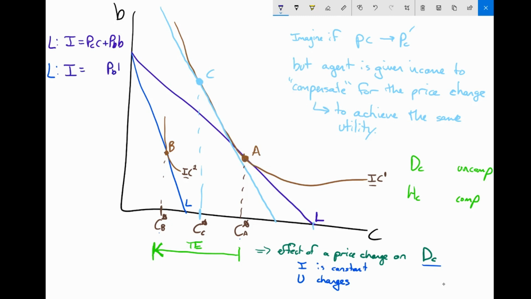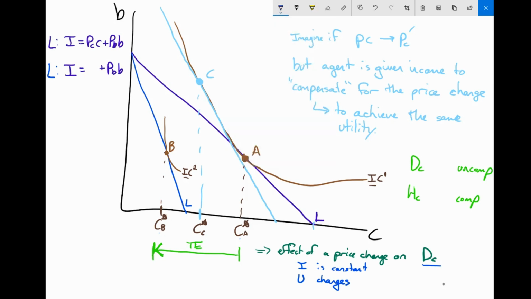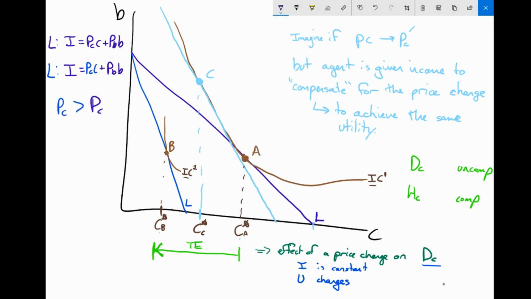Same price of bagels, okay. But the price of coffee goes up. So we're saying that PC prime is greater than PC. Okay. So here's the main point, here's the takeaway message. Income remains the same. So when we look at bundle A and bundle B, income remains the same, utility changes.